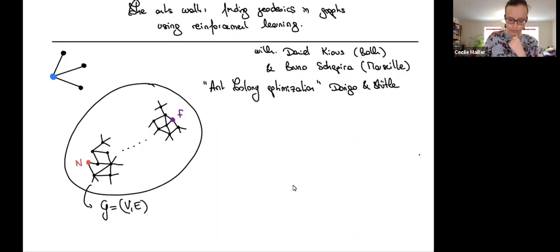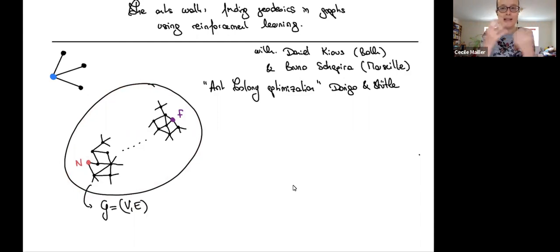So in our model, we fix a graph. The graph G is fixed throughout. It's a finite graph, and that's all for now. So it's a graph G with set of vertices V and set of edges E. And in this graph, we have marked 2 nodes, node N, which is the nest of the ants, and node F, which is the source of food.